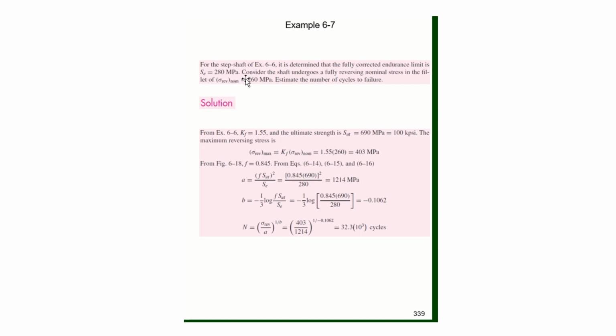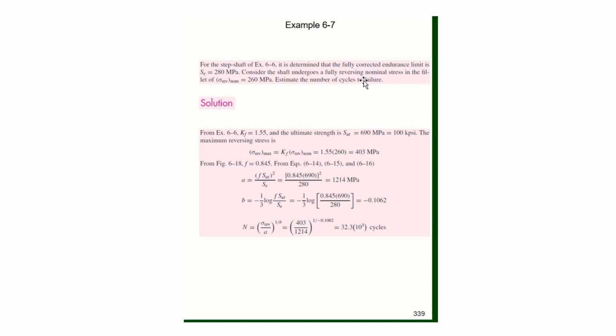Consider the shaft undergoes a fully reversing nominal stress in the fillet, sigma rev, of 260 MPa. So we have an alternating stress of 260 megapascals, and we need to estimate the number of cycles to failure.